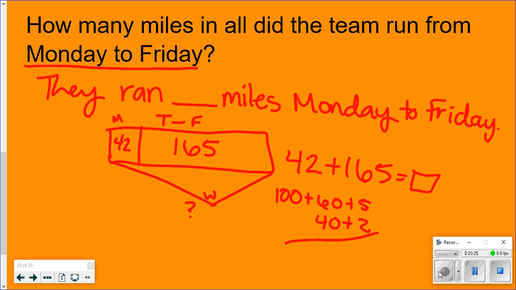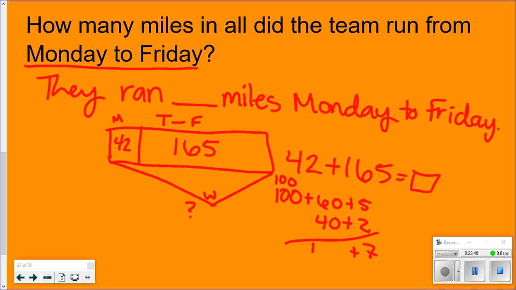5 plus 2 is 7. Will 7 fit in the ones place? Yes, I don't have to do anything. 60 plus 40. 60, 70, 80, 90, 100. Will 100 fit in the tens place? I need to move it.